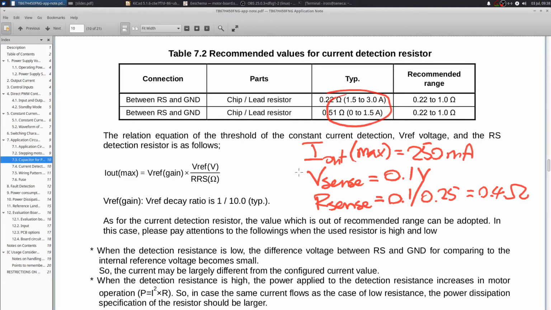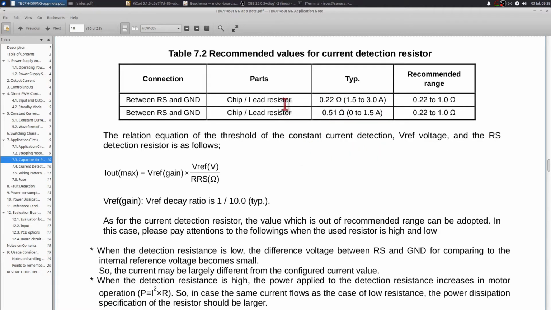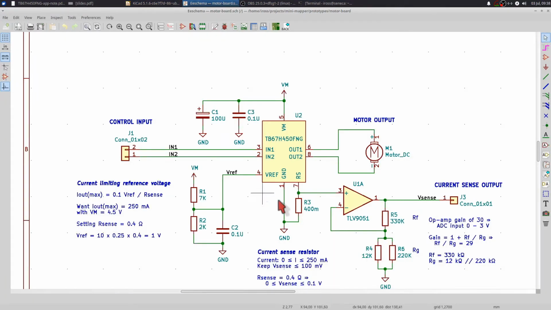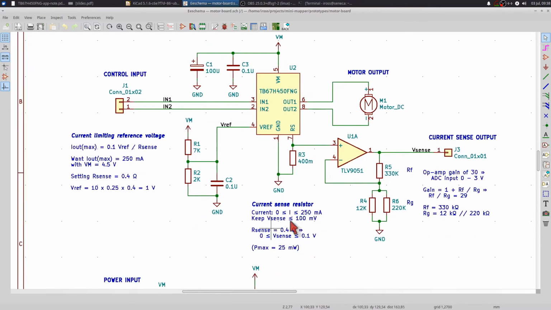And so we can see this on the schematic, which I've temporarily lost. There it is. So I've just replicated this description here, said what the current is going to be and what the limits on the sense voltage are, and that gives you 0.4 ohms or 400 milliohms for the sense resistor.